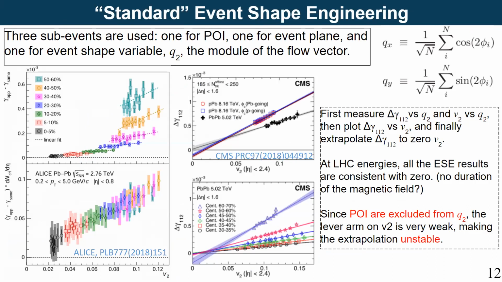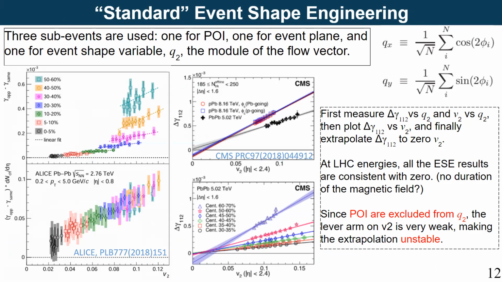One of the so-called standard ways to do event shape engineering is to divide an event into three sub-events. The first is for the particle of interest, where you calculate your V2, you calculate gamma, and so on. The other sub-event is for the event shape variable, which we call Q2.